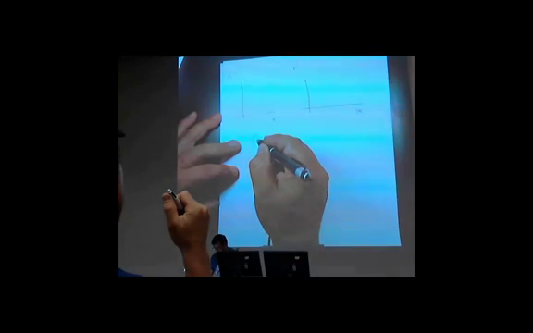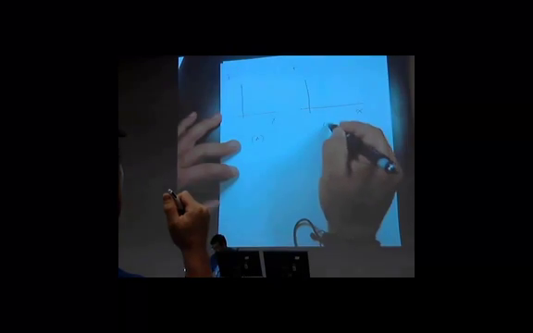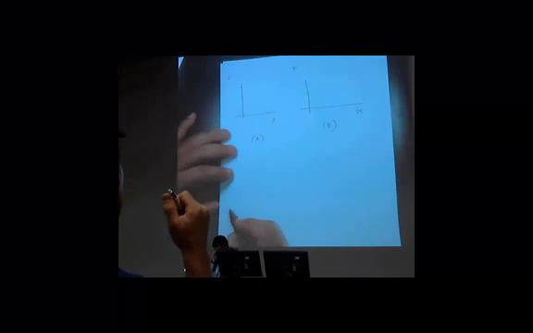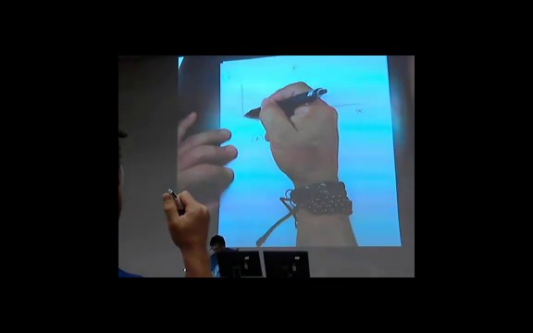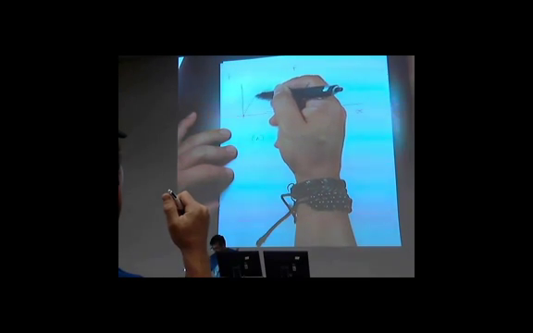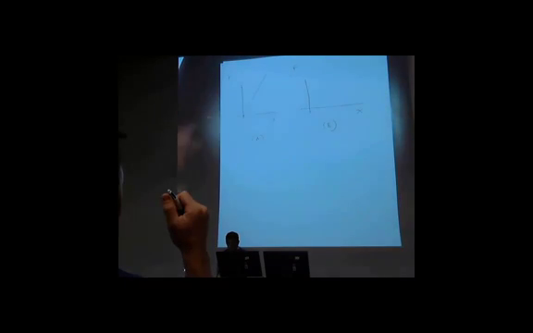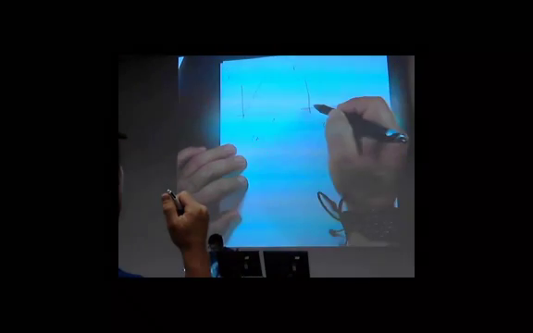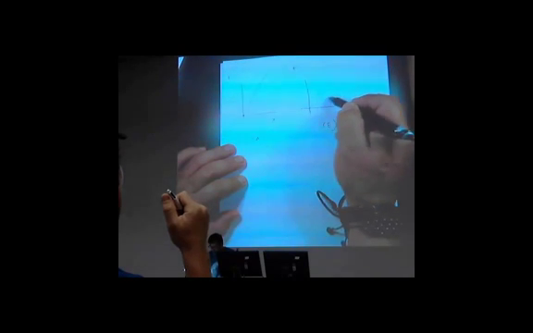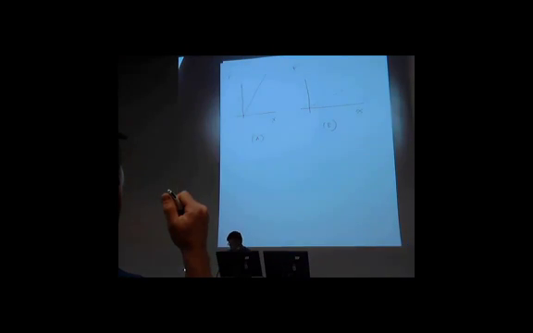Say A and let's call this B. A has the force stretch relationship given by that line, and B has that same relationship given by this line.